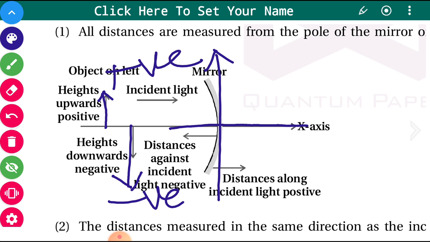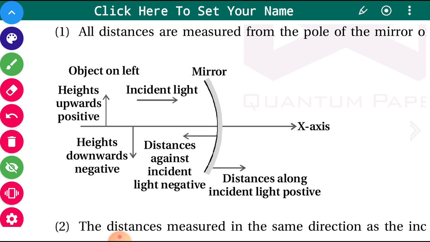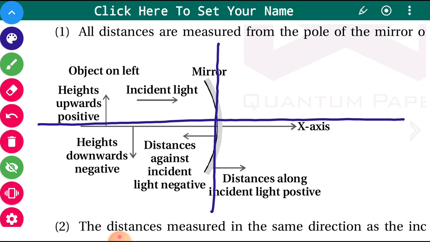In this way also you can remember, this is the y-axis, this is the positive y-axis if 0, 0 is taken here, and this is your negative y-axis. So measurement in the downward direction will give you a negative value, measurement in the upward direction will give you a positive value. So all the distances you can measure from the pole.